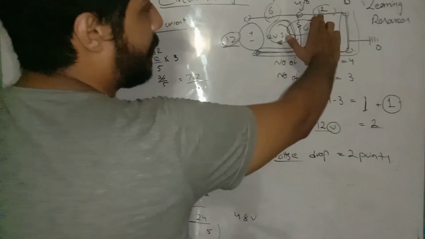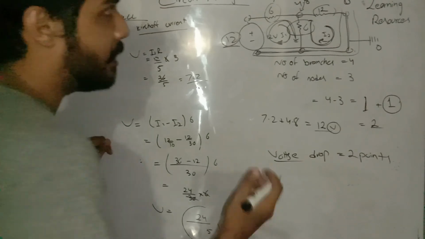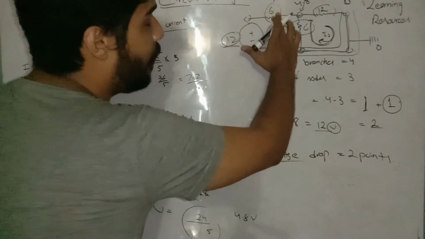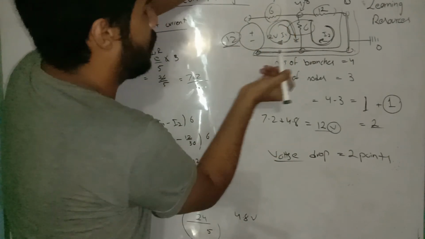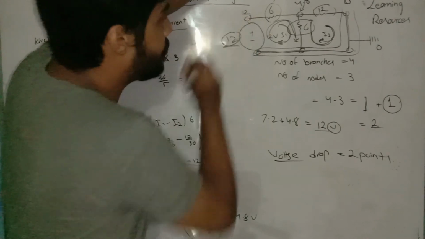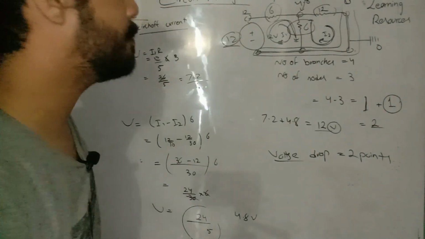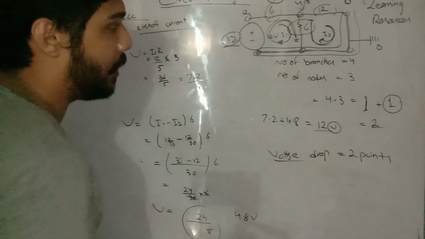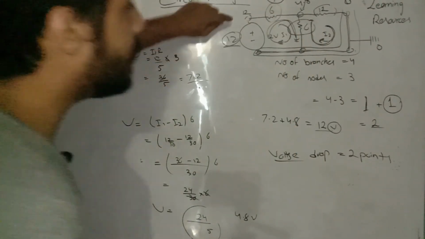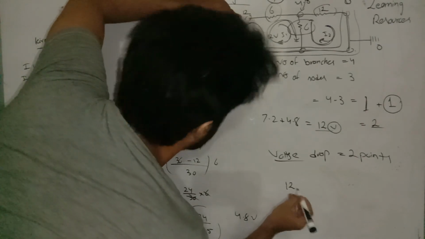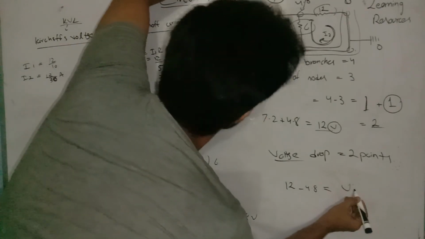So I am telling you another way to calculate the voltage. If you want to calculate the voltage drop at this point, I have to calculate this 7.2. So you can see that 12 is here, 12 is here, 7.2 is here, 4.8 is here. If I don't know this value, how can I calculate it? I know 12 and I know 4.8. So I can write 12 minus 4.8 equals the voltage at the 6 ohms.